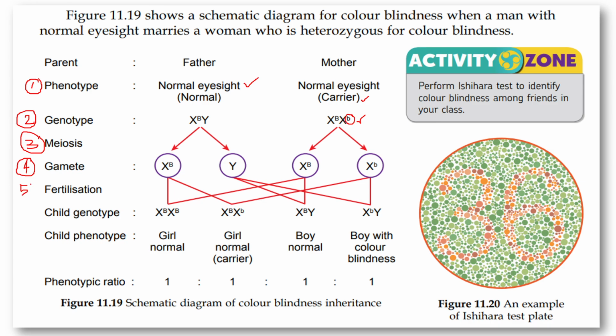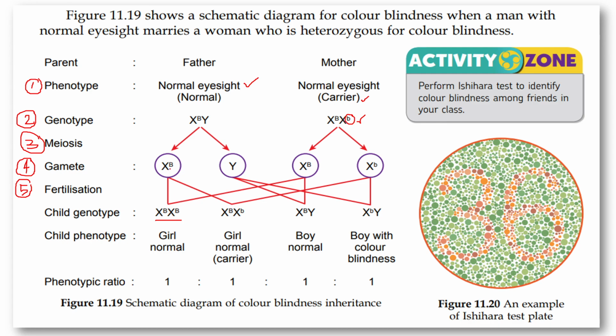Fertilization takes place where this X capital B from the father fertilizes, let's say these are the probabilities, with the capital B from the mother. So therefore the outcome is this, the child genotype being homozygous dominant.